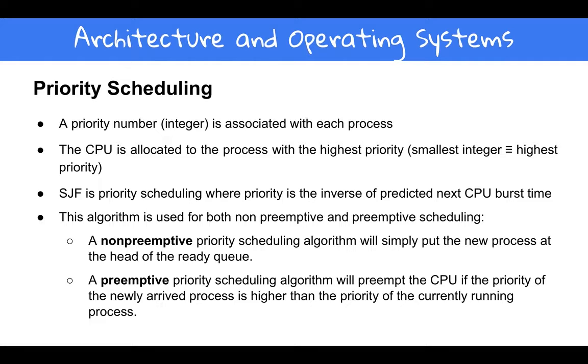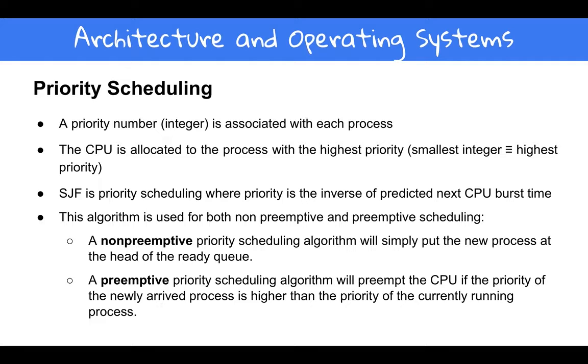But in the preemptive, it's not like that. When a process is allocated to the CPU and the CPU is executing it, as soon as another process comes with a higher priority, the CPU should preempt the previous one. The one that was running should be put in the waiting queue, and the CPU gets the new process with the higher priority.